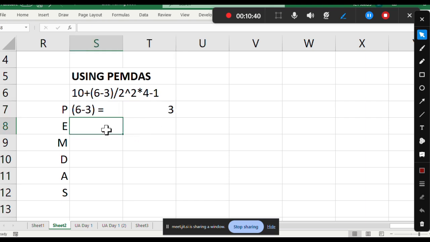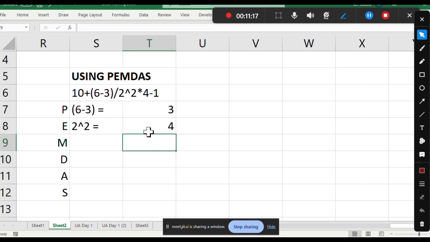Then the next one, it will pick this other one, 2 to the power of 2. So this one is 2 raised to power 2.